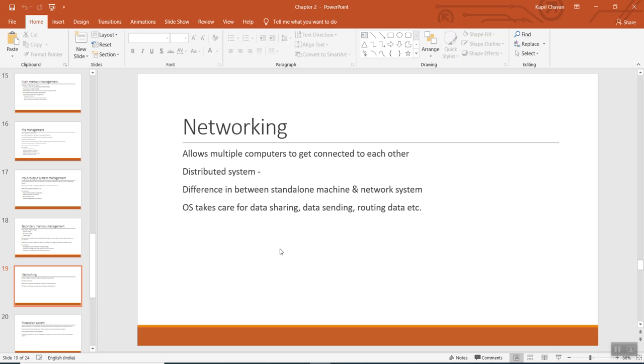We don't need to worry about how we share the data, send the data, and how the routing takes place. All these activities are taken care of by the operating system. So networking is another system component provided by the operating system.